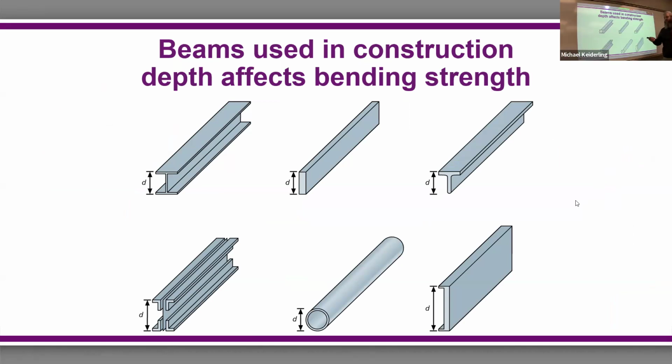Now, the depth or the thickness affects the bending strength. So these beams, this very wide beam and this wide beam here, are going to have much stronger bending strength in that direction than a thinner beam would. So the depth, how thick they are, affects the bending strength.